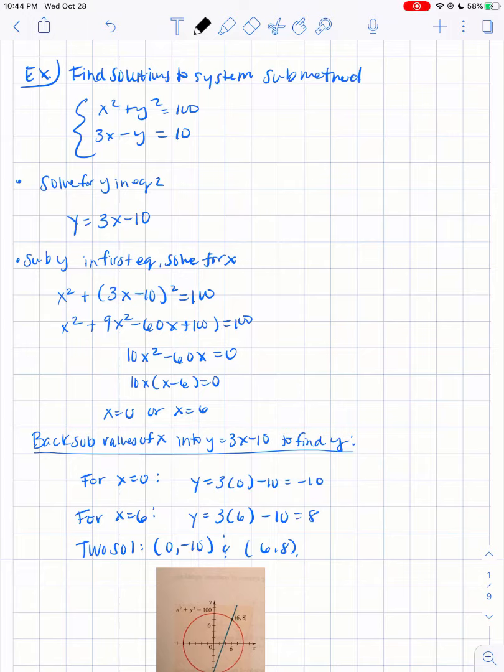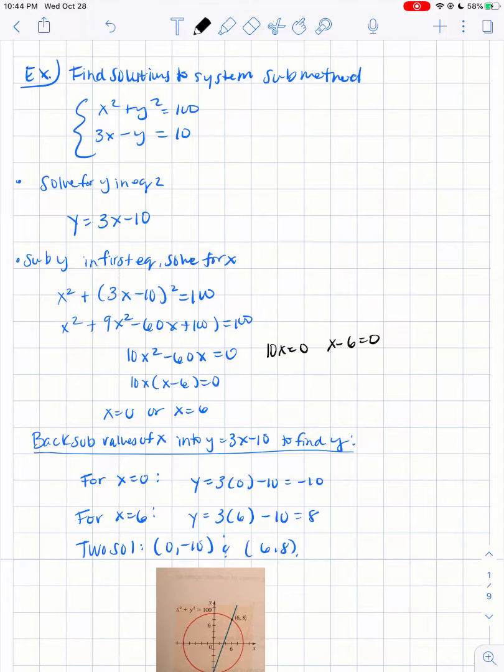Now I could combine my x squareds. I get 10x squared minus 60x, and then I subtract the 100 over, and I get 0. Now I could factor 10x from my equation, and I get 10x times (x minus 6) equals 0. I could use the zero product property, so I get 10x equals 0 and x minus 6 equals 0.